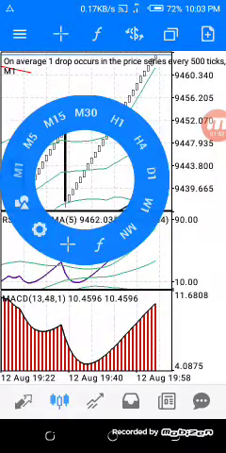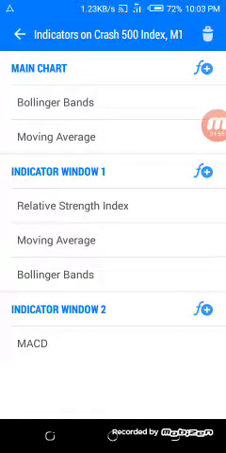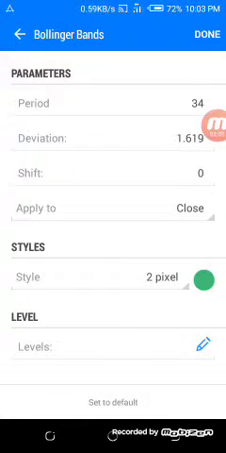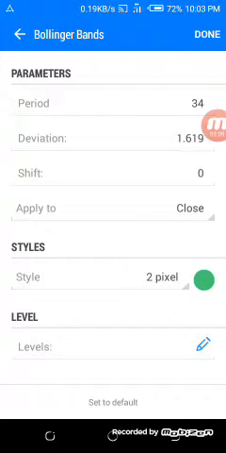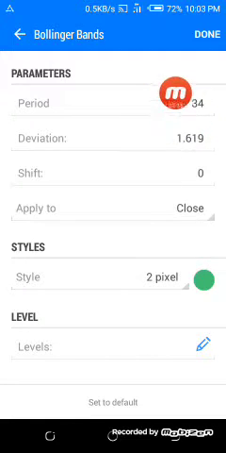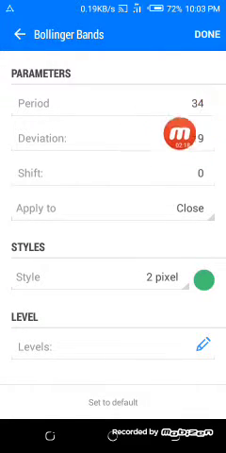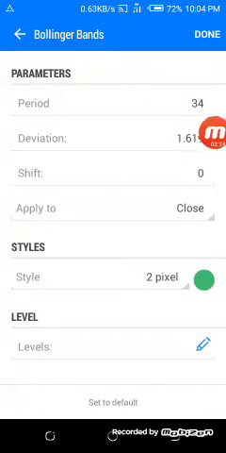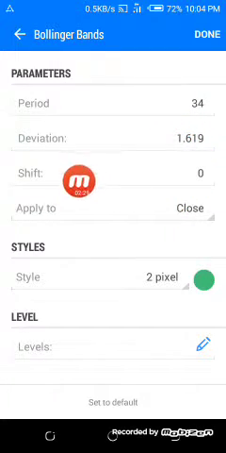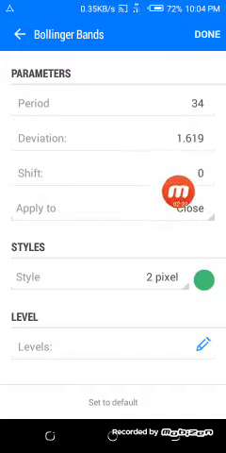We start with the main chart. On the main chart, you put Bollinger Bands. You can screenshot the settings. The setting for Bollinger Bands is period 34, then deviation 1.6, then shift to 0, then apply to close.